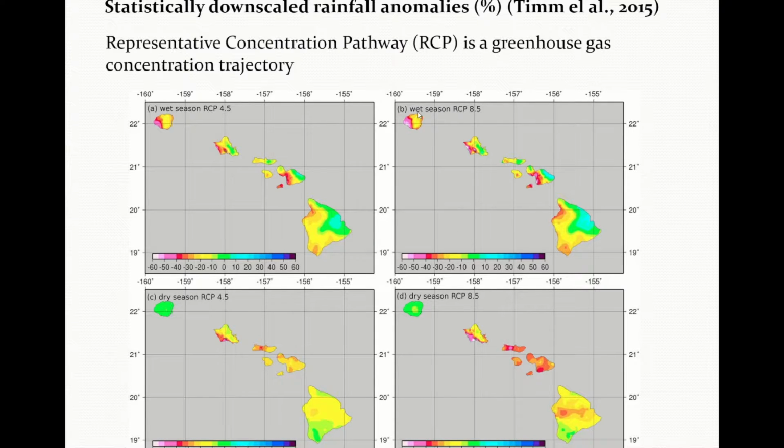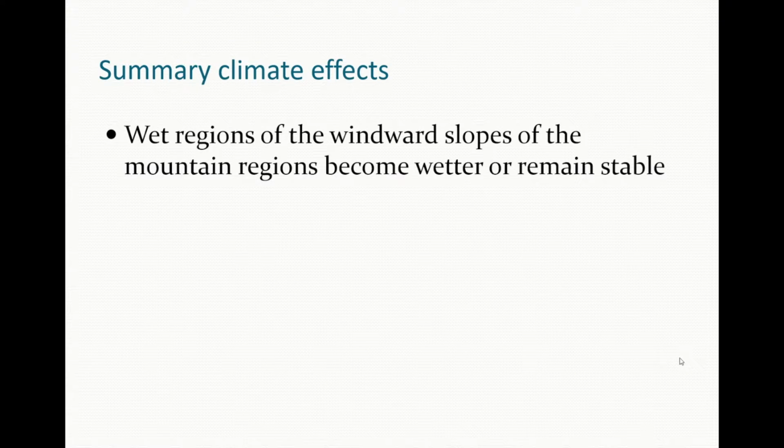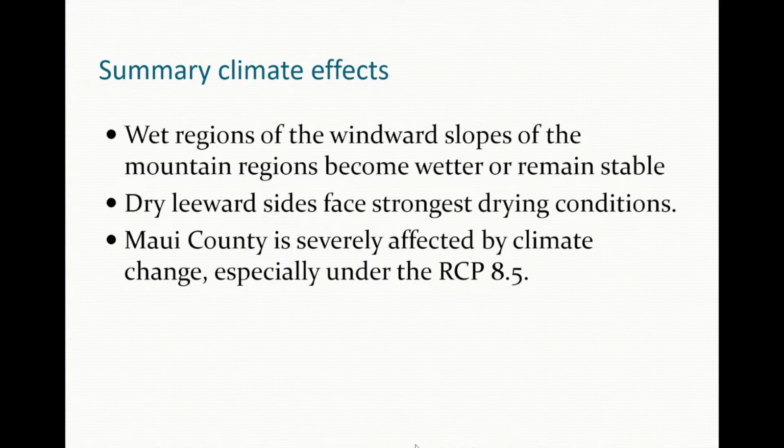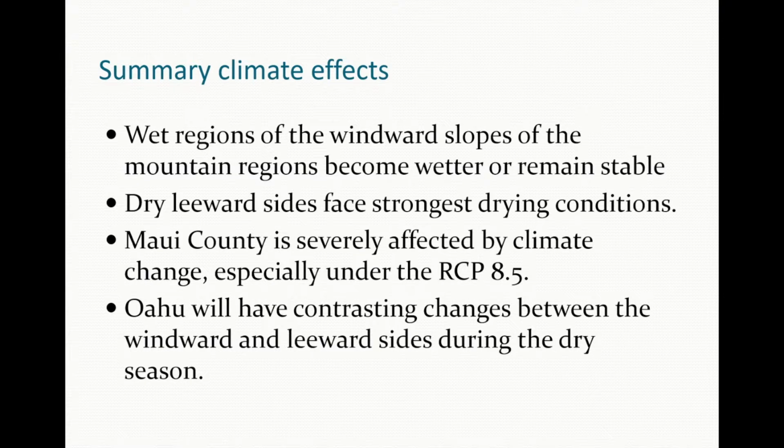So these are for the wet seasons, and these are for the dry season. And we can see, as I mentioned, the wet region gets wetter, the dry season gets drier, and basically Maui County looks not so good, it's worse, getting much drier. And Oahu has so much changing between drier and wet seasons.